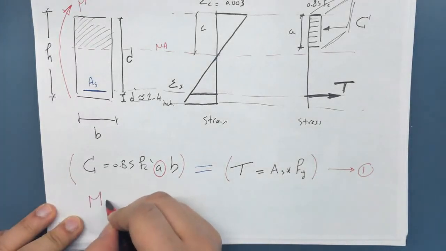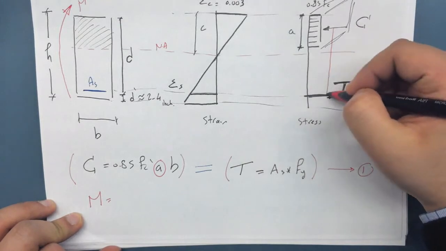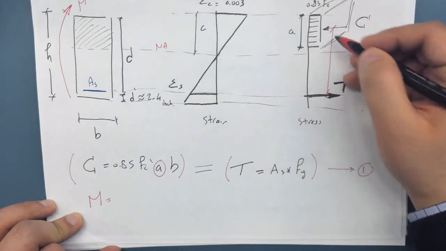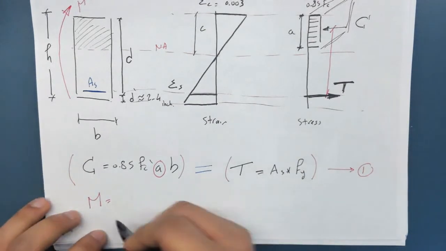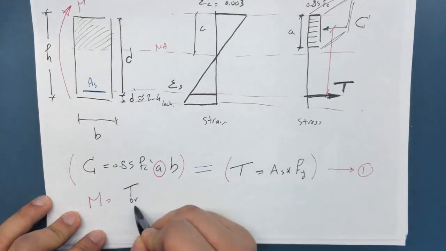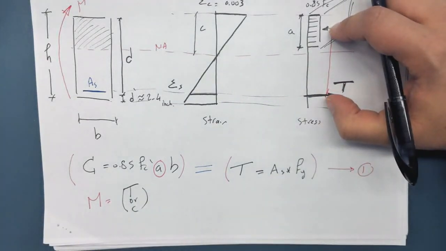Now, what I was looking for is the moment. So the moment is simply either of those multiplied by the distance between them, this distance over here. So the moment is simply the tension or the compression, since both of them are equal, multiplied by this distance. Now what is this distance?